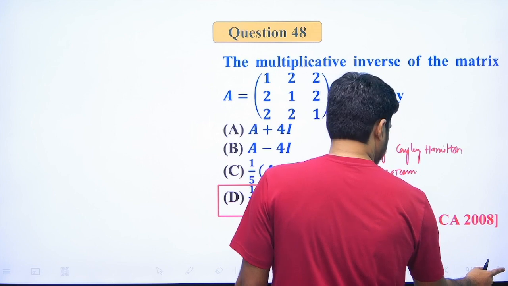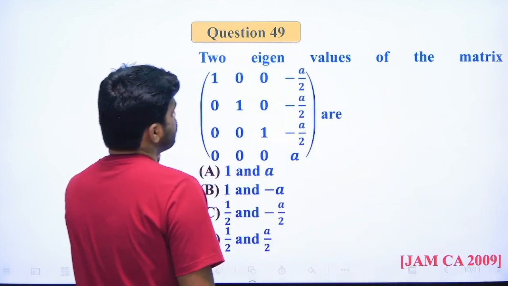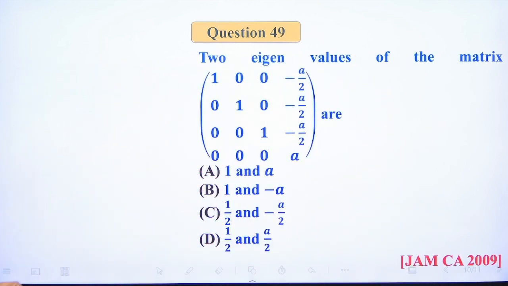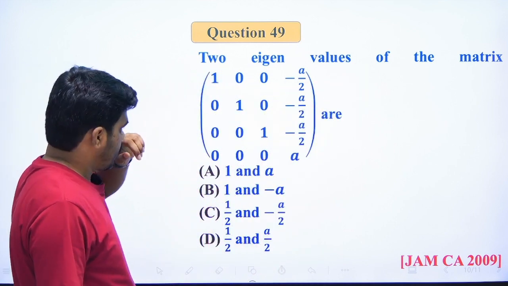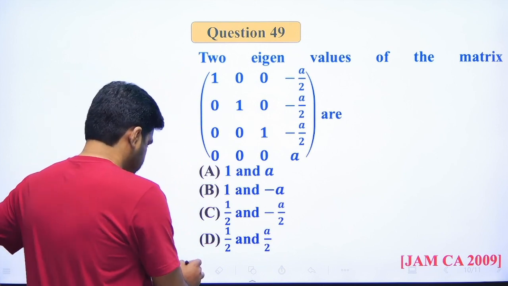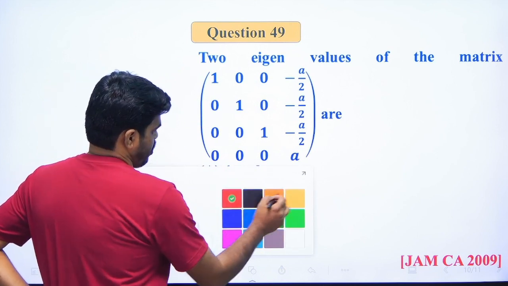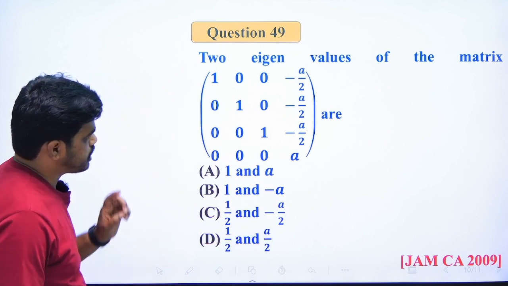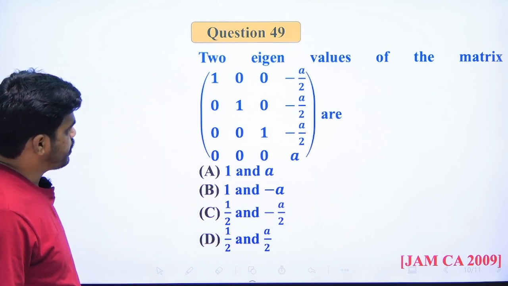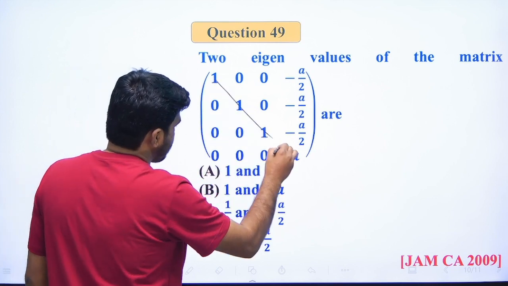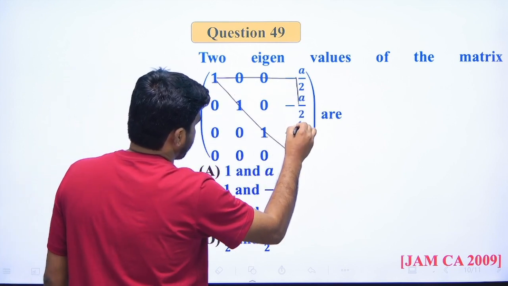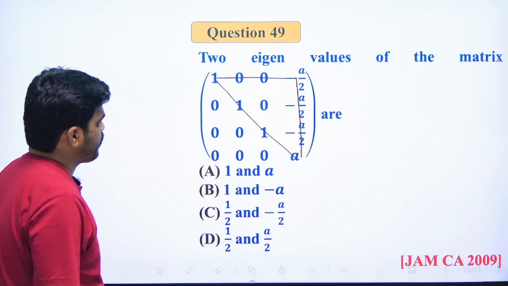So next example. Two eigenvalues of the matrix are, what is the matrix here? See, the matrix that is given is basically an upper triangular matrix, right?